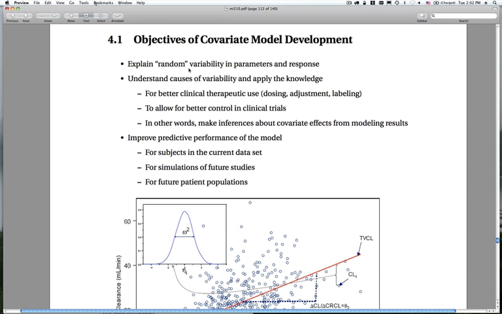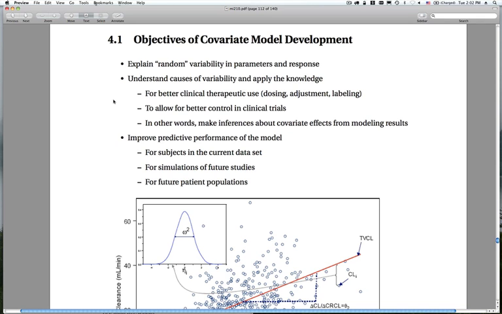And the reason we want to understand that, of course, is to better use the drug in a clinical therapeutic use, better dosing rules, dosing adjustment in special populations, drug labeling, in a more scientific sense to allow for better control in clinical trials, setting inclusion criteria perhaps. In other words, to make inferences about the effects from the modeling results.